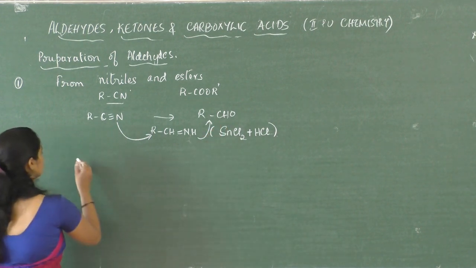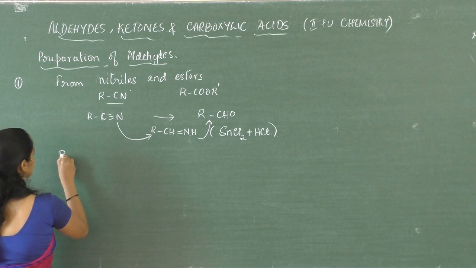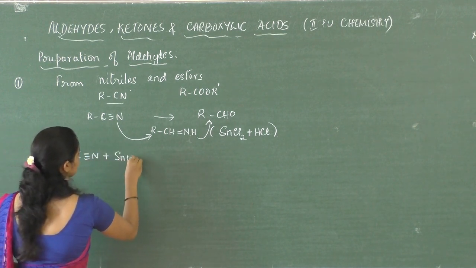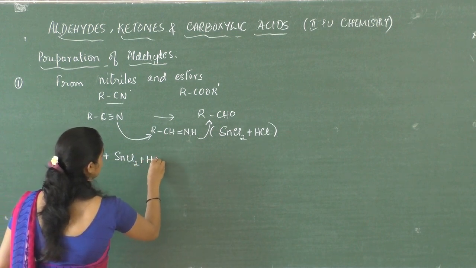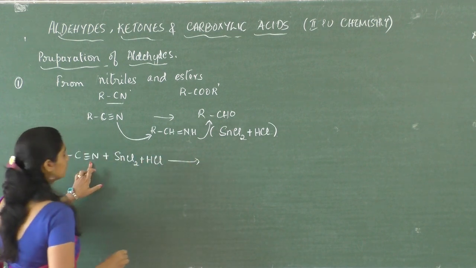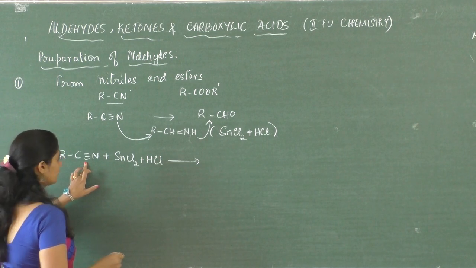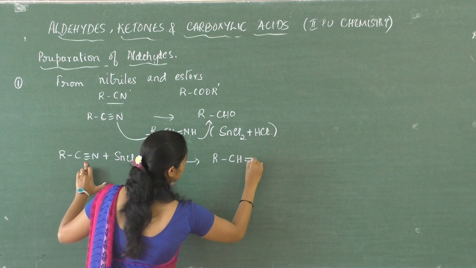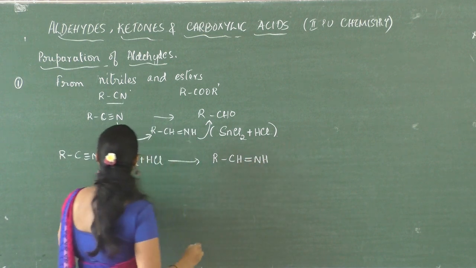Let us write the reaction. RC triple bond N plus stannous chloride and HCl. So reduction, so addition of hydrogen, so it forms RCH double bond NH.